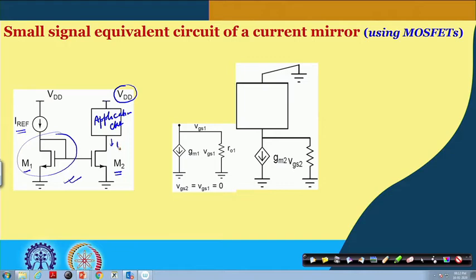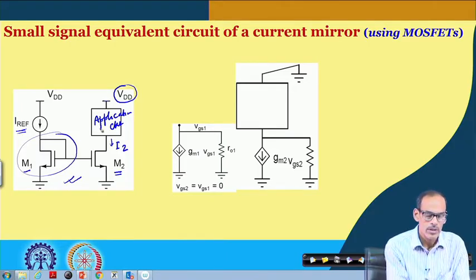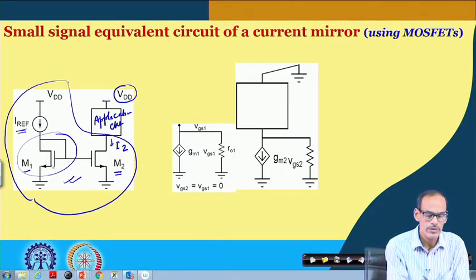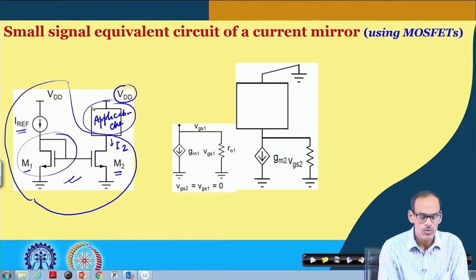The current flow here is defined by whatever current we do have here. Now, if you want the small signal model of this entire circuit along with the application circuit, we need to know the small signal model of the current mirror.